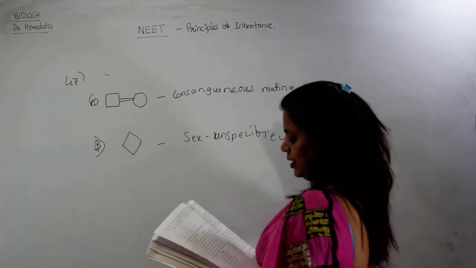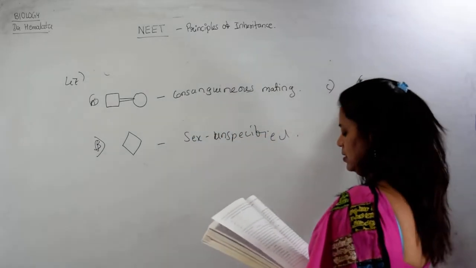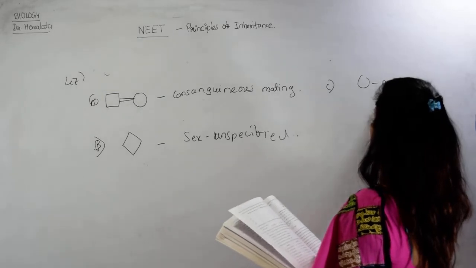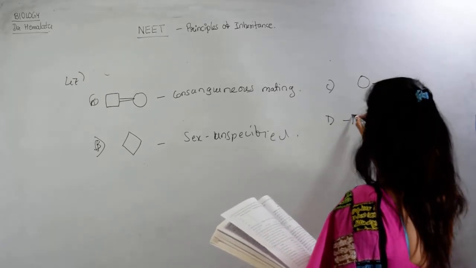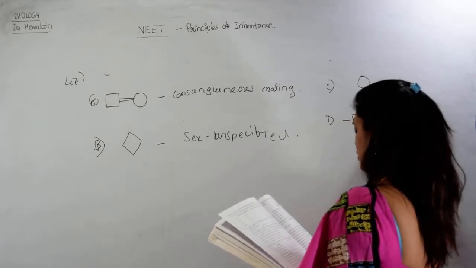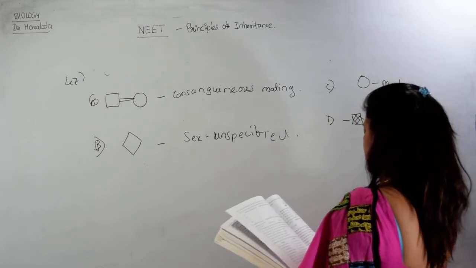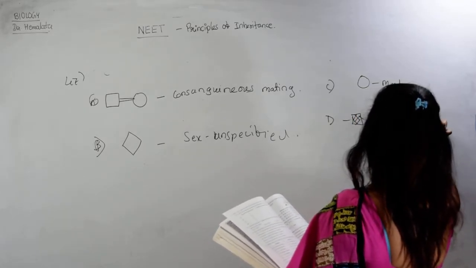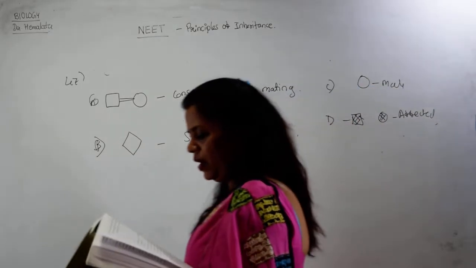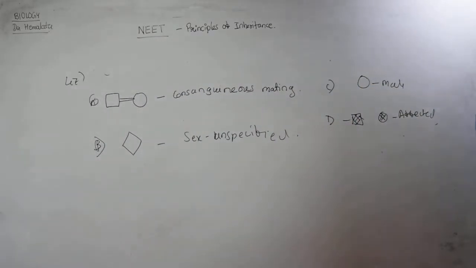Fine. The extra thing it is. And C they have given as circle male. D they have given as this affected, this affected. So affected individuals. Okay. They have asked which is not a match in this group, means what is not right in this group that they have given.